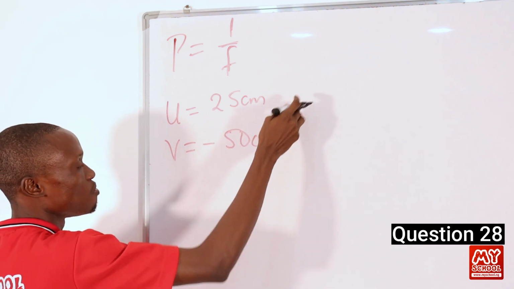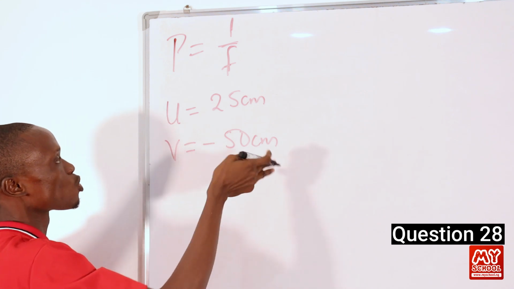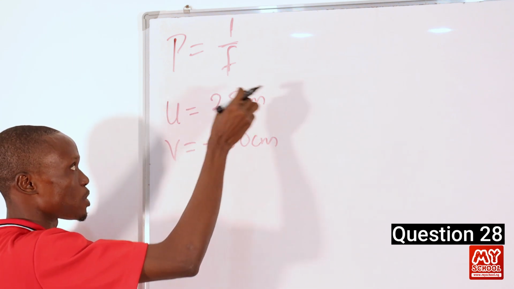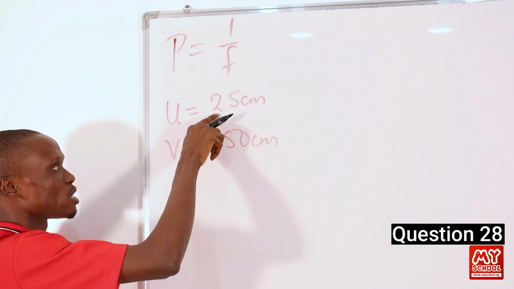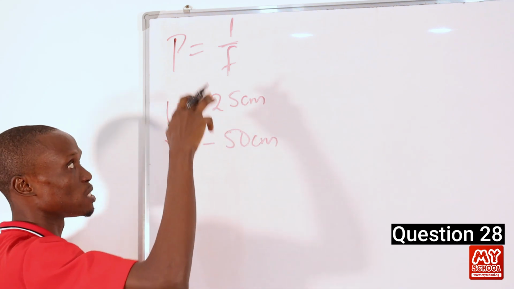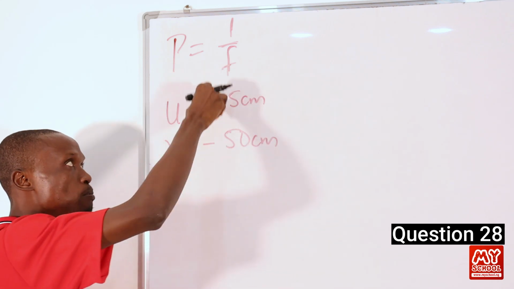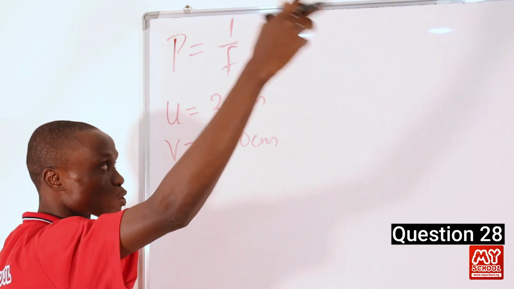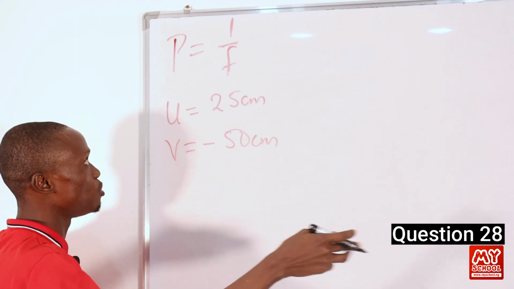Remember, this is a virtual image. So in order for the patient to see an object placed 25 centimeter away from his eyes, the image of that object has to form 50 centimeter in front of the lens.